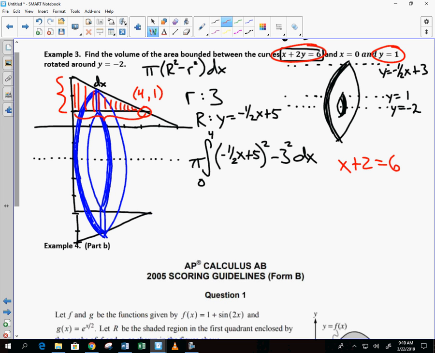Okay. All right. That was the tough work. Now let's just integrate. Pi times the integral from 0 to 4. Negative 1/2 x squared, 1/4 x squared.